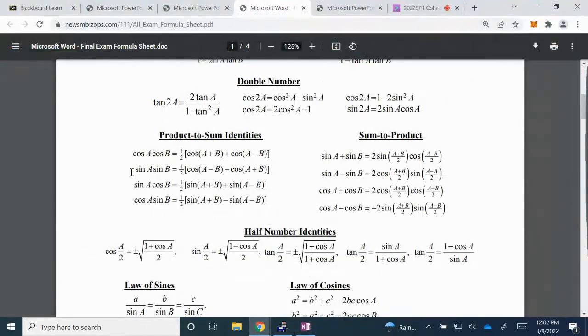Looking at the product sum formulas, I see that the very second formula is sine A times sine B. That formula says sine A times sine B is 1/2 cosine A minus B minus cosine A plus B.